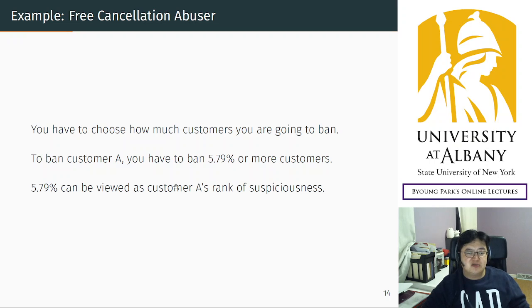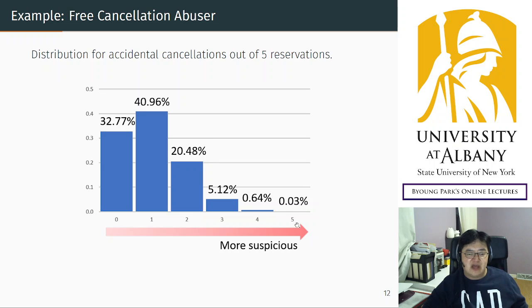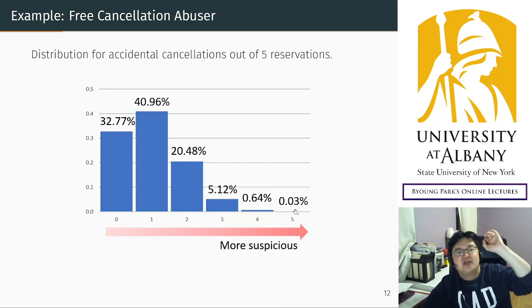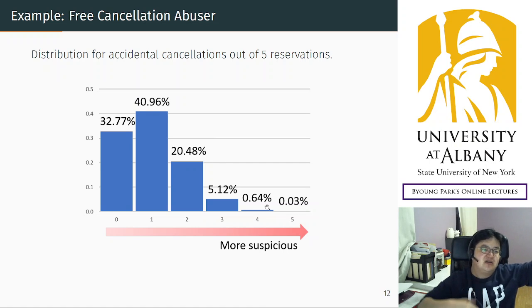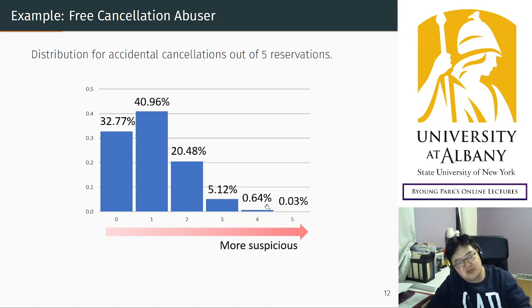So customer A is the top 5.79% most suspicious customer among all. If someone canceled 5 out of 5 times, they are in the top 0.03% of suspicious, and 4 times means 0.67%. So it's from the top. 0% is the most suspicious, 100% is the least suspicious. So this customer is in the top 5.79%.